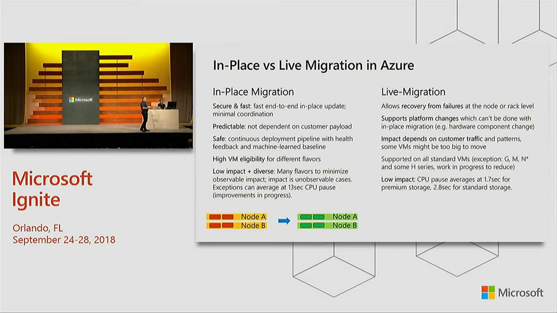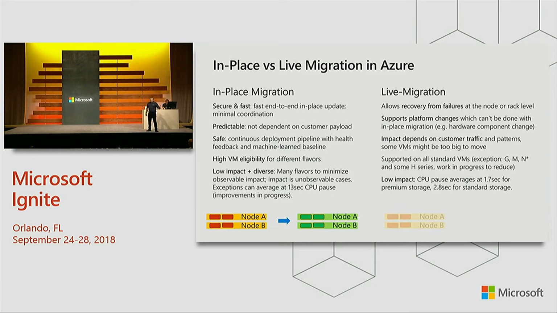Live migration is moving you to another machine. It's definitely a slower mechanism because there needs to be a coordination across the VMs. It is quick, but not as quick as in-place migration. So in Azure, we are definitely focused on making in-place migration as effective as possible. But we do need to have, and we have, live migration for cases where in-place migration is just not enough.